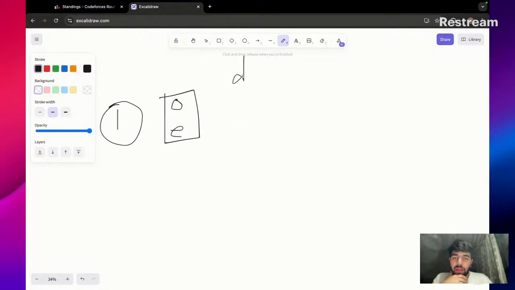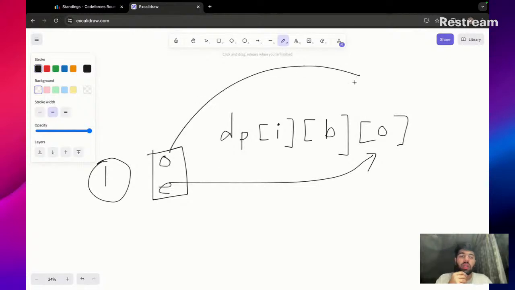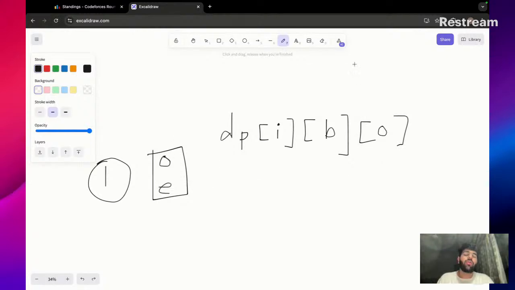So dp of I, let's say for a certain bit, 0 denotes probability of occurring even times, and 1 denotes probability of that bit occurring odd times. And how do you know if a bit is occurring even times or odd times?